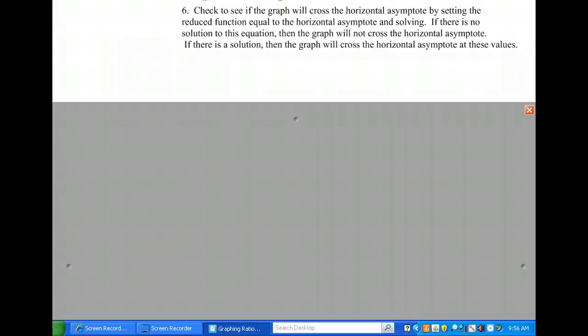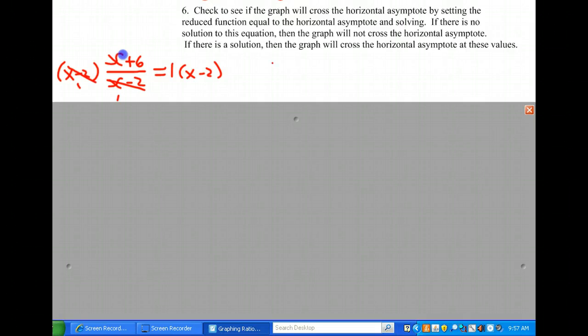So our function is x plus 6 over x minus 2. Our horizontal asymptote was 1, so we set this equal to 1. If we multiply both sides by x minus 2, we will get these two canceling, and we get x plus 6 equals x minus 2.